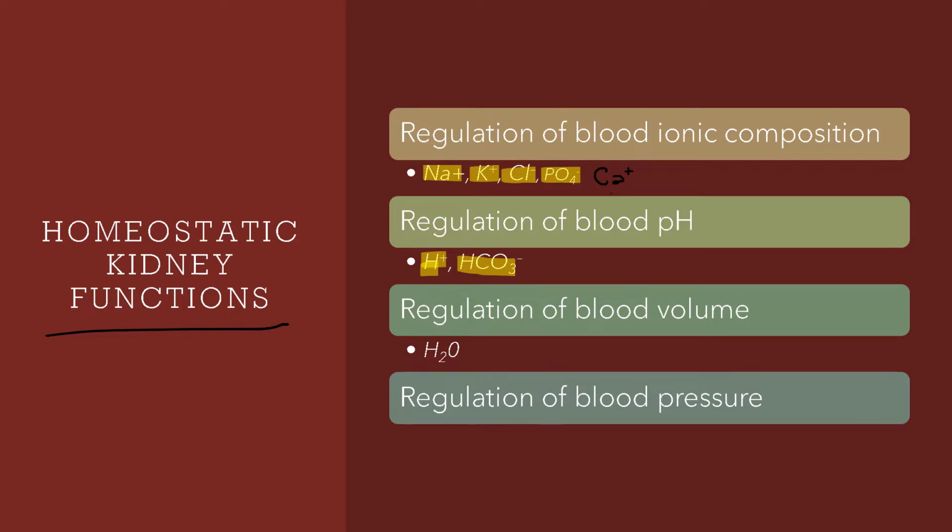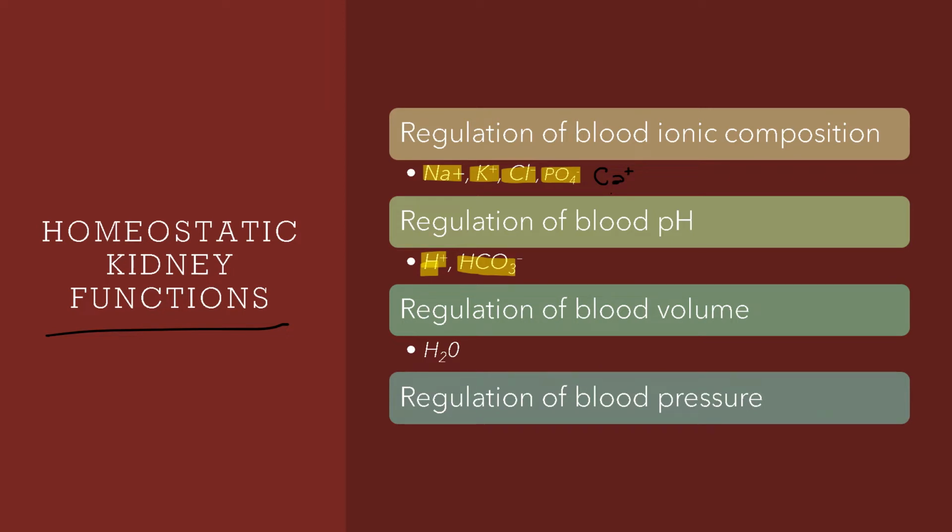We'll talk about that in the next chapter, but these are very important for maintaining pH levels in the blood. So both these activities, getting rid of hydrogen ions and conserving bicarbonate ions, will help to regulate blood pH.